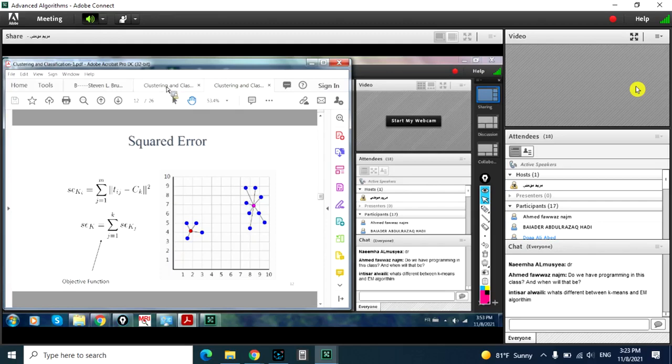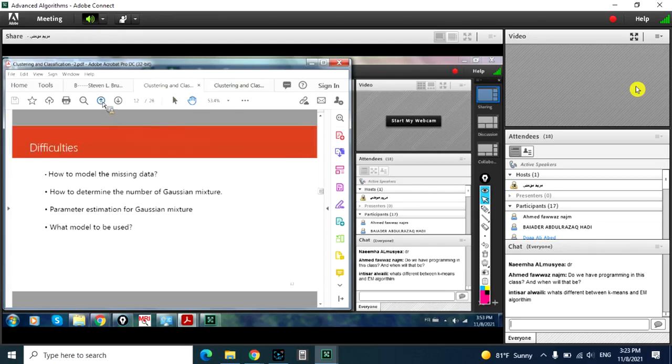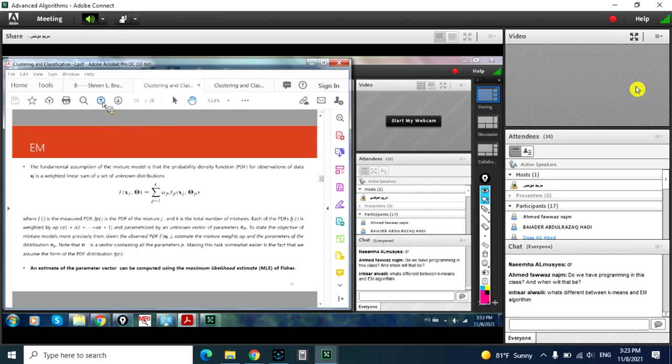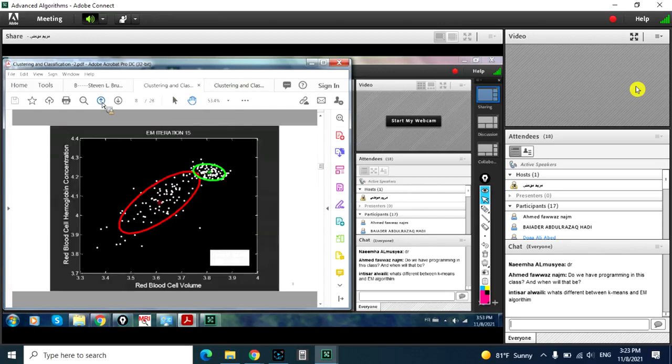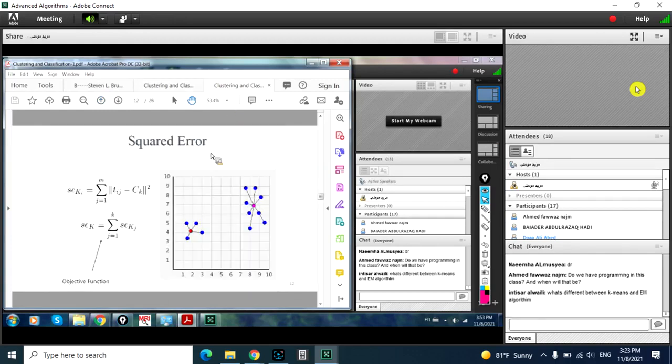But in EM, we have some constraint: we assume that our data has the Gaussian distribution. Okay, but in comments we don't have this assumption.